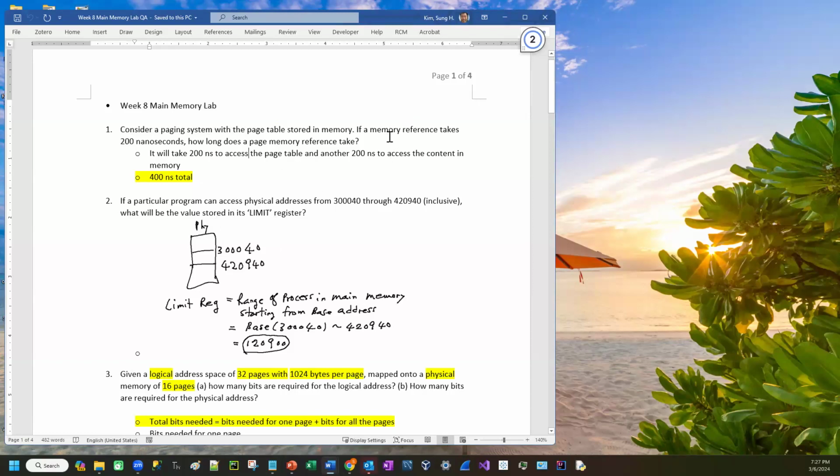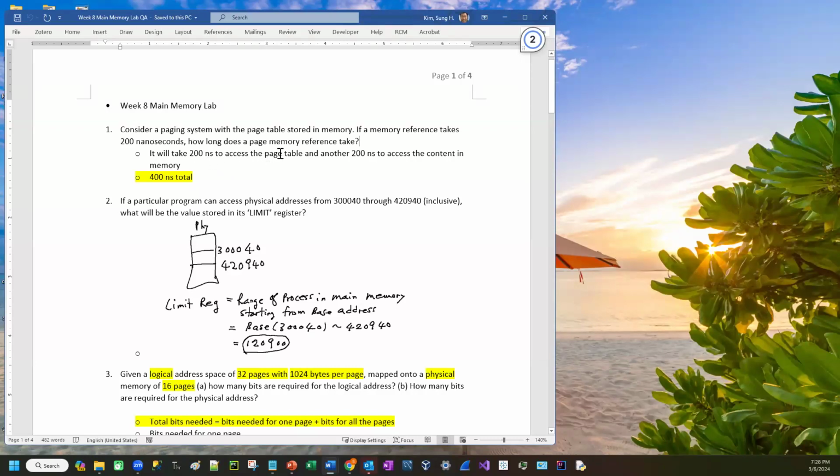Anyway, if the memory reference takes 200 nanoseconds, and it takes 20 nanoseconds to access the page table, how long does a paged memory reference take altogether? This is more of a trick question.